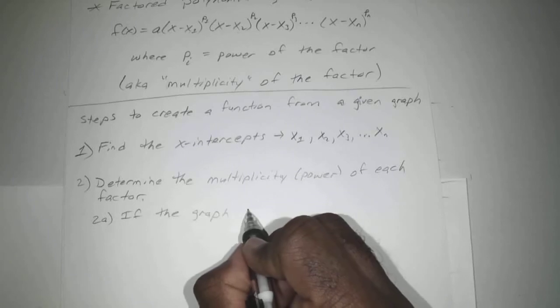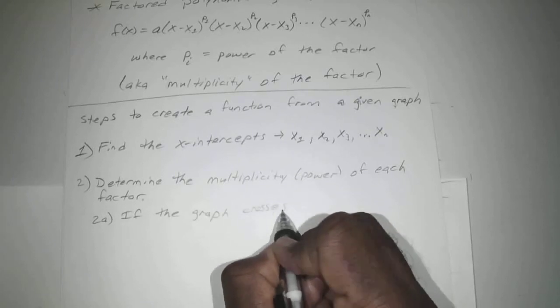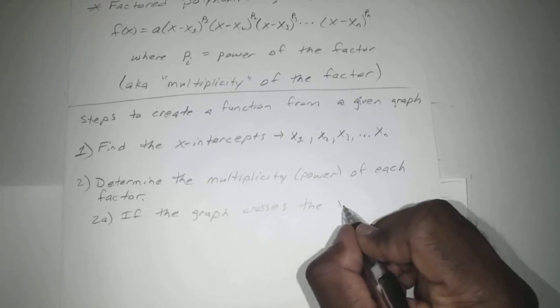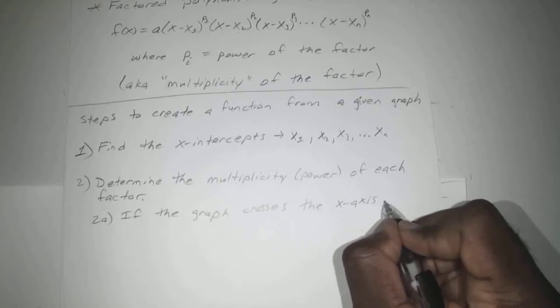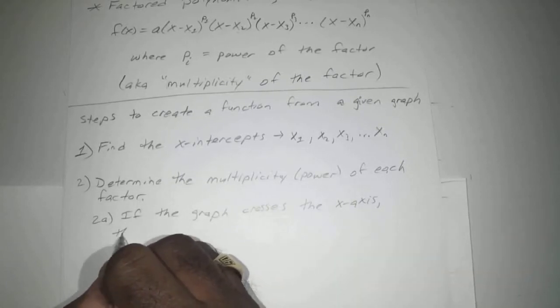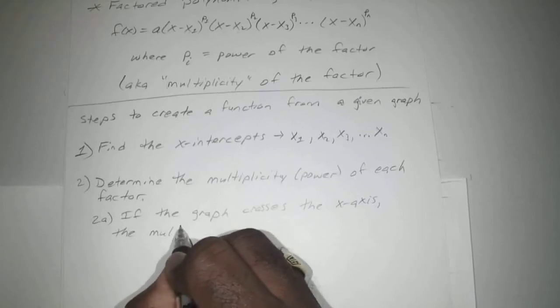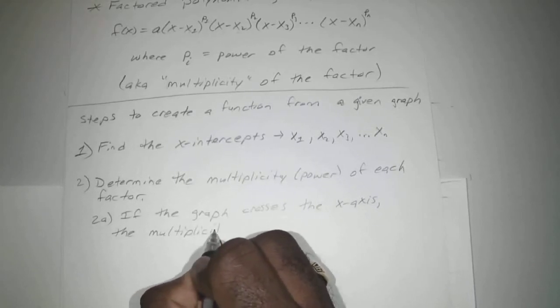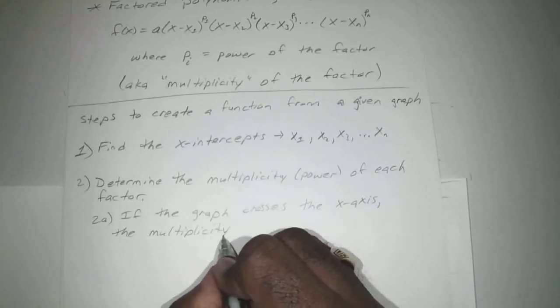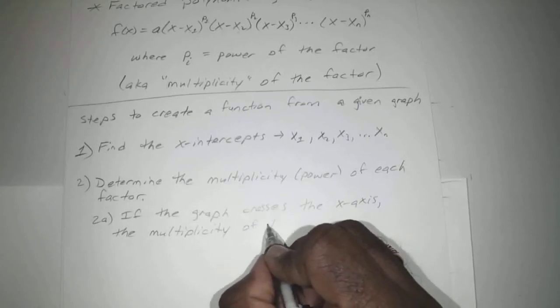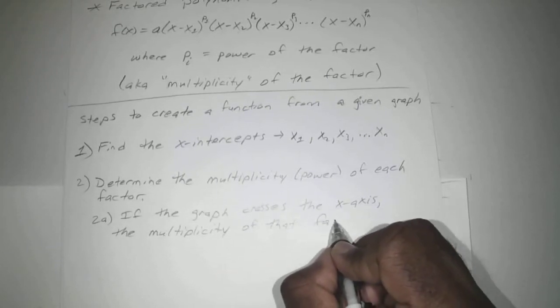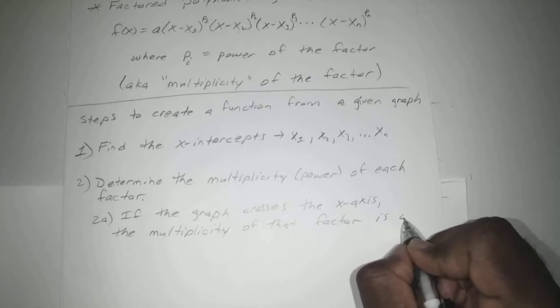If the graph crosses the x-axis, the multiplicity of that factor is odd.